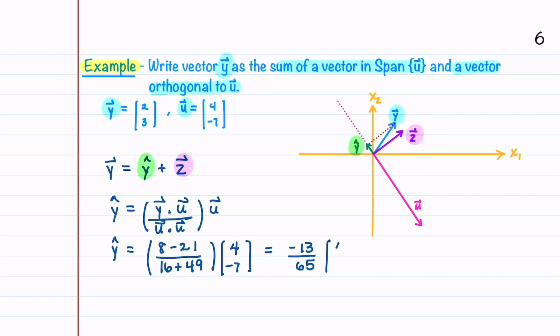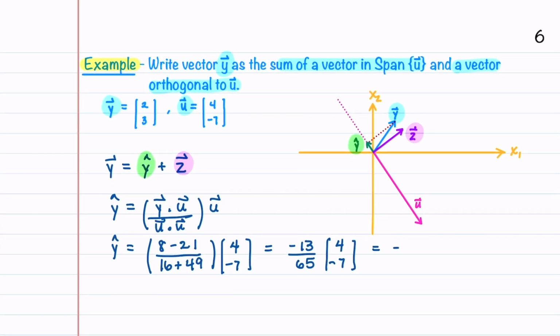And our vector u comes along for the ride. 13 actually goes into 65 5 times, so this is equal to minus 1/5 times 4 minus 7, and then we can write our vector y hat as minus 4/5 and then 7/5.